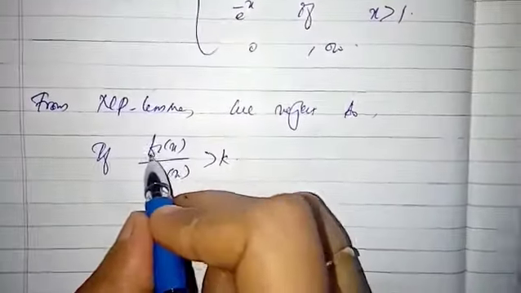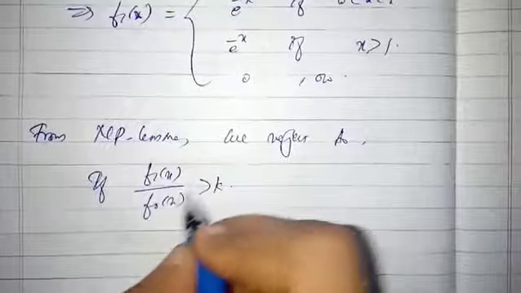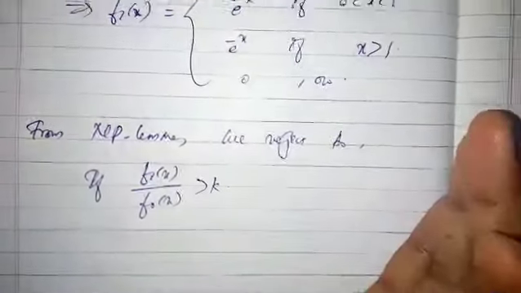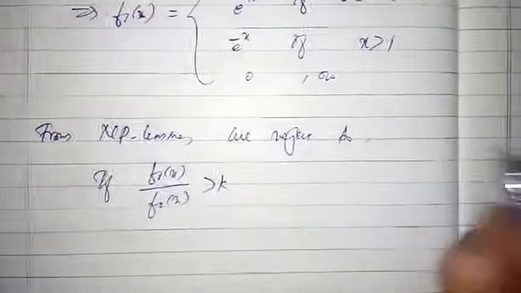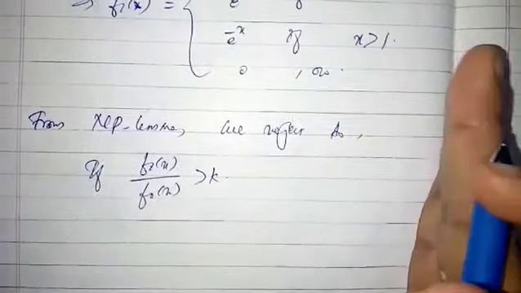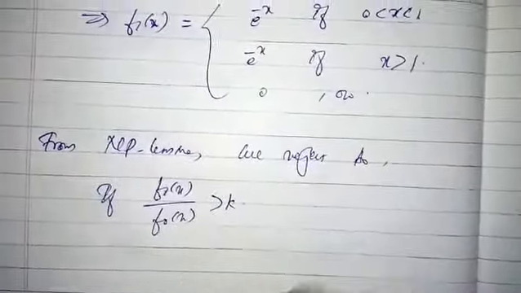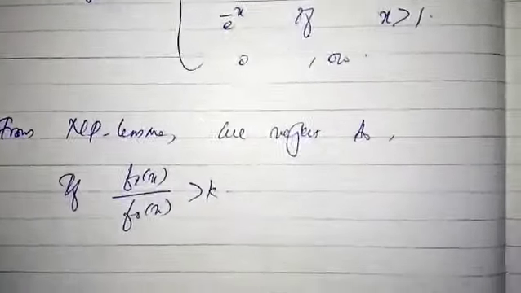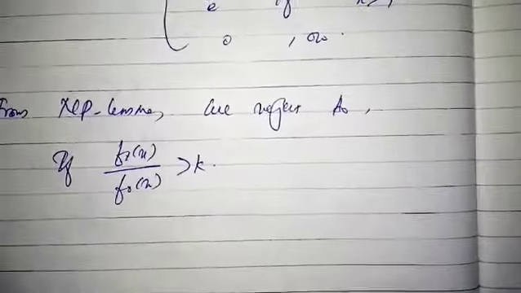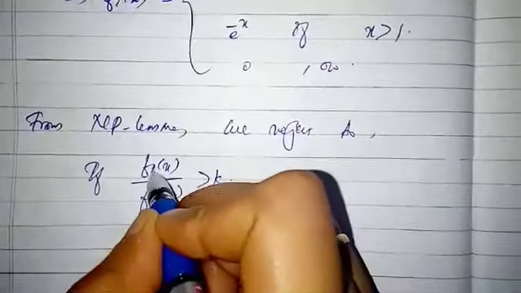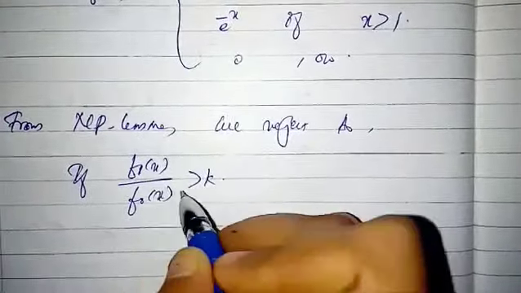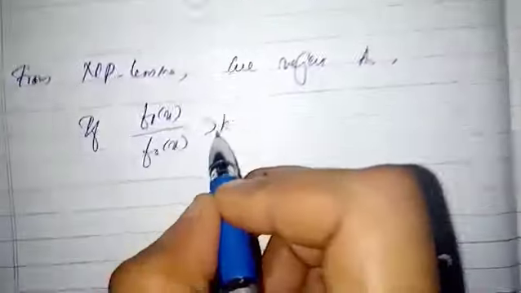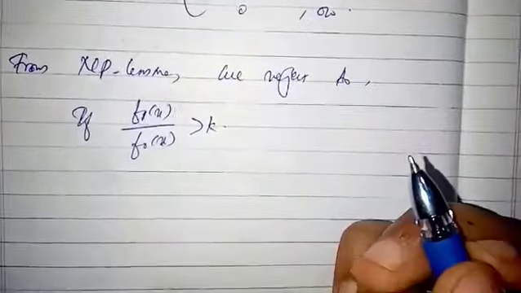In the last problems we took the likelihood function, but in this question the sample size is 1, so we take the density only. This is for the single variable. If f1 of x divided by f0 of x is greater than k, then we reject the null hypothesis.